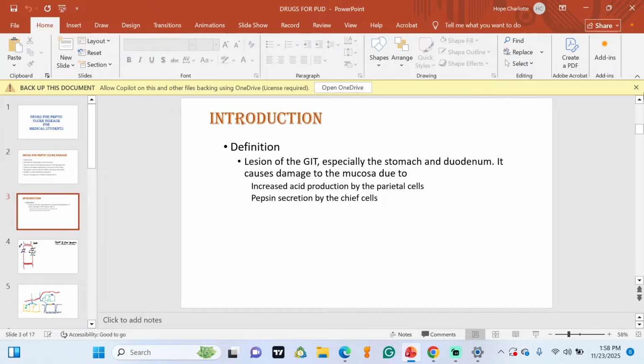Now, gastric ulcer, as the name implies, is located within the mucosal lining of the stomach. Duodenal ulcers, as the name implies, are located in the first part of the small intestine, which is the duodenum. In terms of presentation, gastric ulcers are usually aggravated by food.